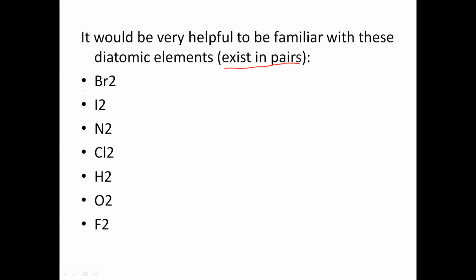So if in a statement they mention bromine, you have to write it like Br2, with the subscript of 2, because it's diatomic. Same with iodine, nitrogen, chlorine, hydrogen, oxygen, and fluorine. So it's very helpful for you to be familiar with this, so it will not be hard for you to convert a chemical reaction in a word format into a chemical equation.